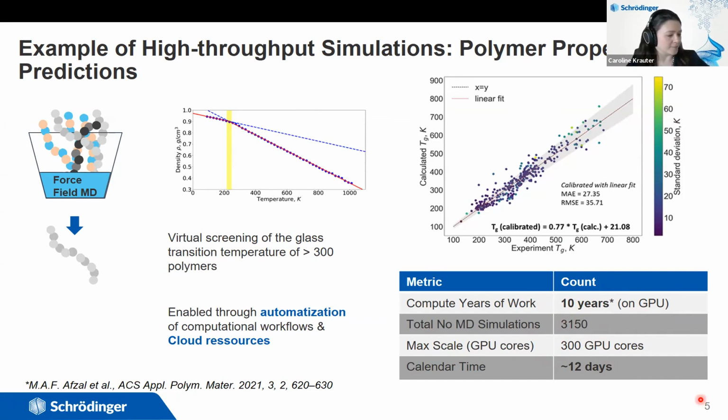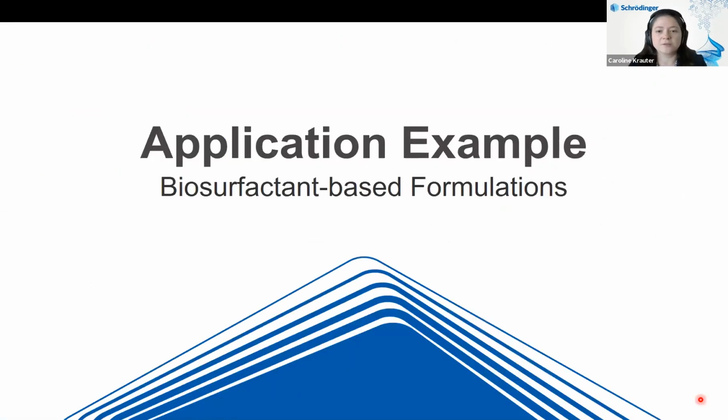So one goal of the study that we are currently doing, and which I would like to present, is on the one hand to apply our tools to biosurfactants-based formulations, but also to see how we can use the data from these screenings that we do with molecular dynamics in machine learning approaches afterwards, and whether we are able to build good machine learning models for these formulation-based properties based on our simulated data.